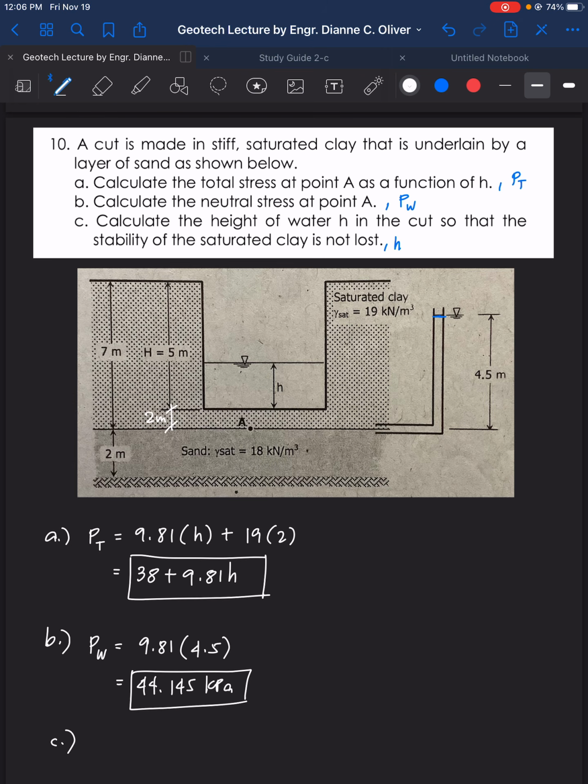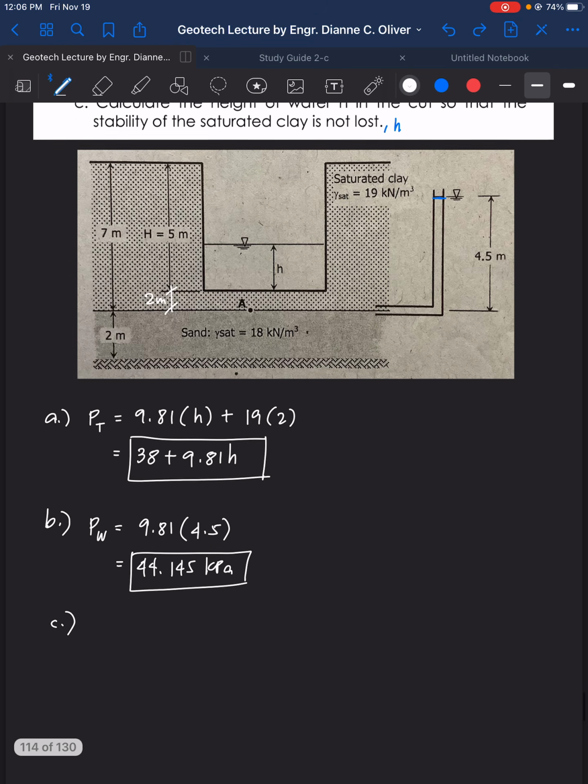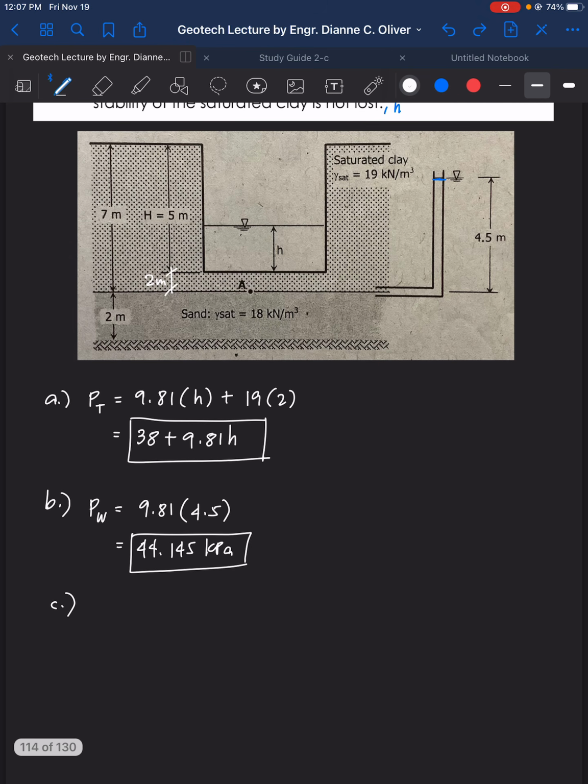Letter C, calculate the height H of water in the cut so that the stability of the saturated clay is not lost. So for the condition of stability, for loss of stability, P effective must be equal to 0.